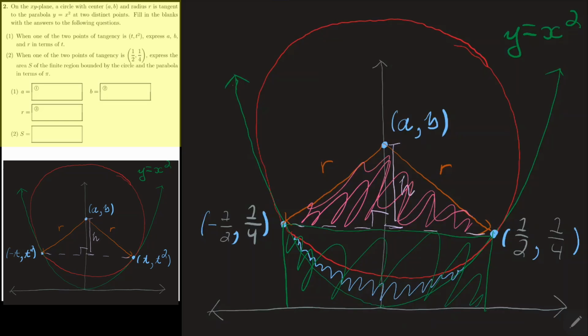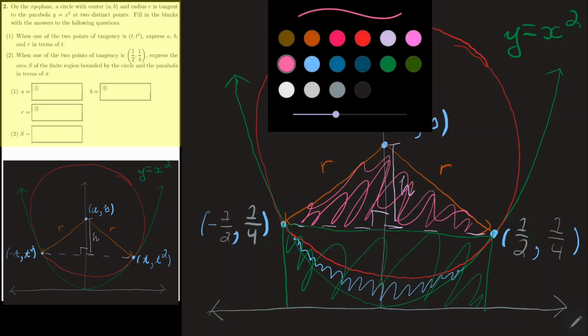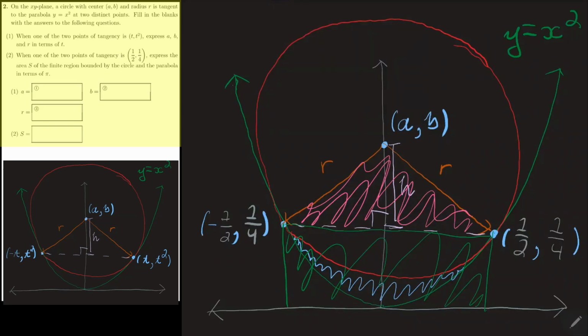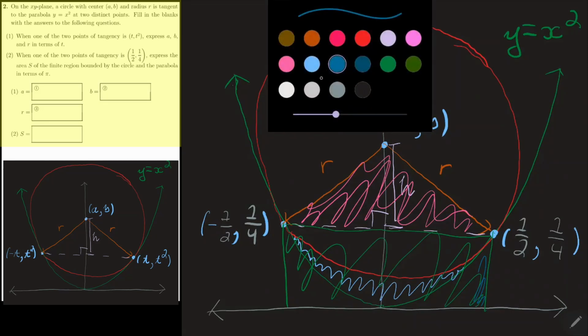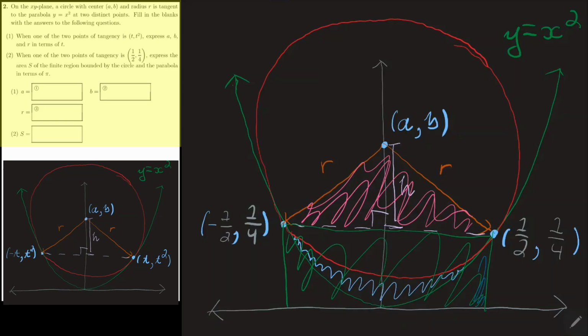So if we add up these areas, we have all this. Now what we can do is subtract the area underneath the parabola. These color choices aren't great.